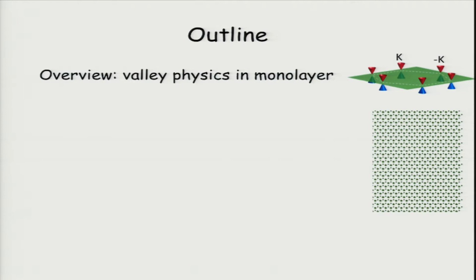First I will give a quick overview of the properties of the building block, mainly focused on the physics associated with the fact that the carriers are located at the valleys, at the corners of the Brillouin zone. So I will first introduce some valley phenomena from our earlier work.